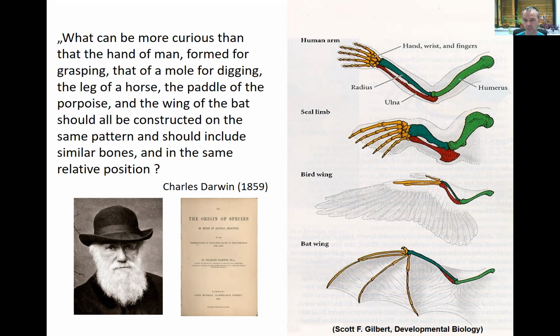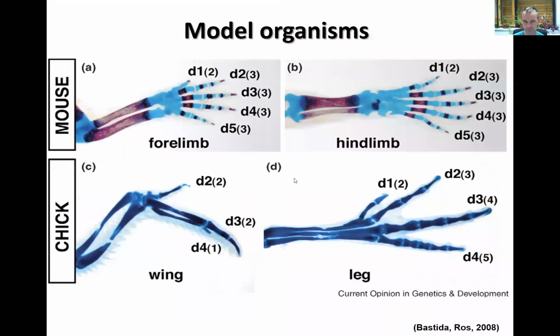So there should be something behind that, and it was already published in The Origin of Species, which is more than 150 years old. Now we get a bit closer to that as we understand the genes and the development of all the structures here.